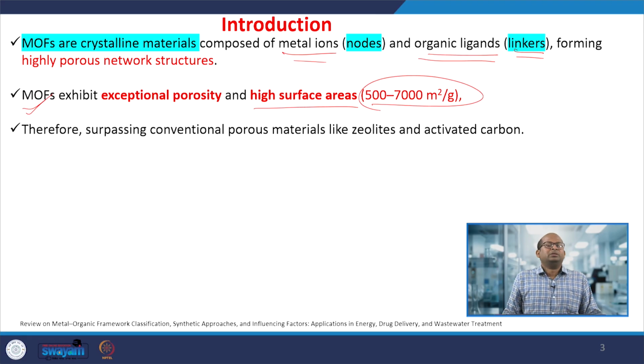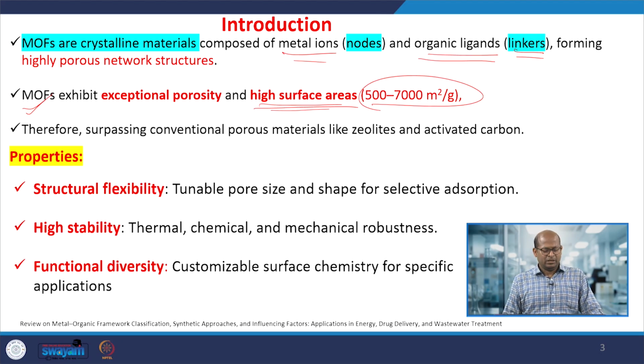Therefore, they sometimes act as catalysts or catalyst support materials, and can be used for gas adsorption, CO2 absorption and CO2 storage. There are many applications from the chemical engineering point of view, so we should study how these materials can be synthesized and what the different MOF structures are. That we will discuss.